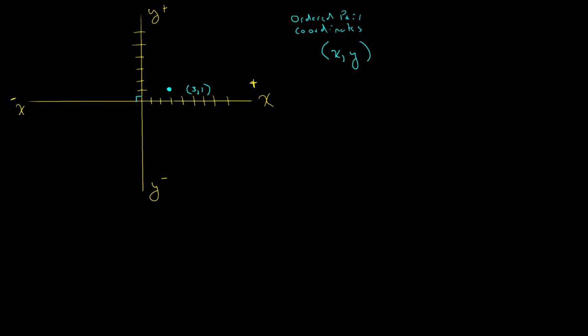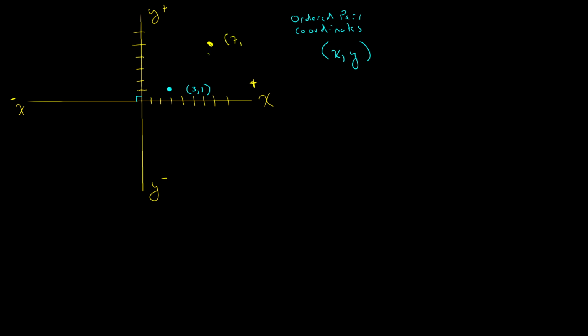Let me make a triangle here. So I'll make my other point right here. This point's at 1, 2, 3, 4, 5, 6, 7, so it's 7 in the x direction. And down 1, 2, 3, 4.